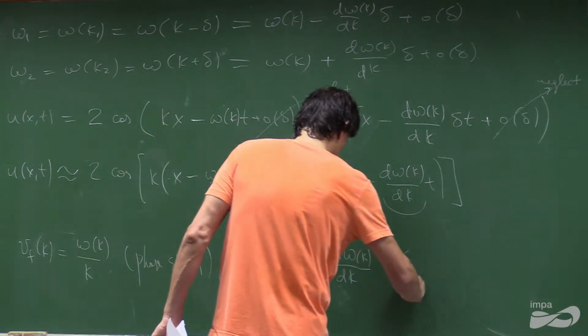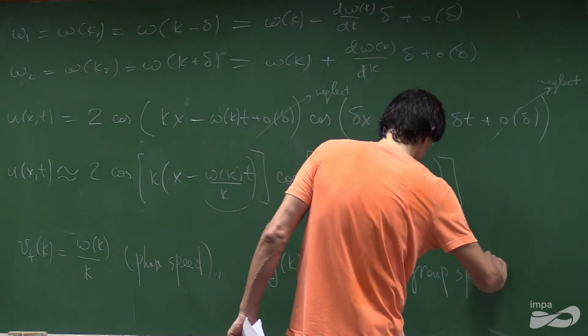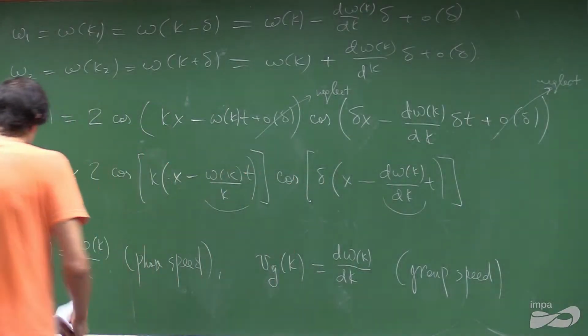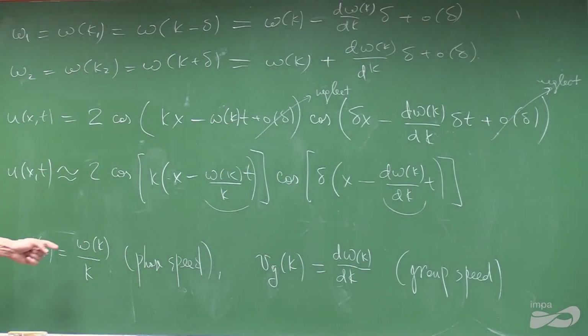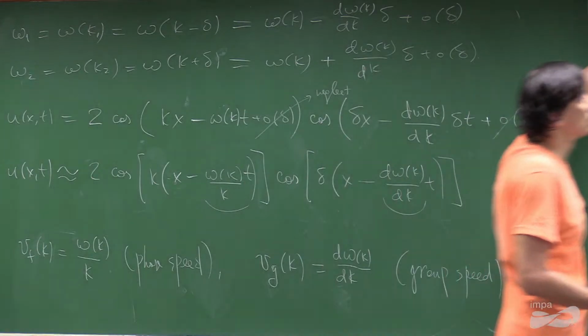So you see, you in principle define two speeds. One is just a ratio, another a derivative. And there is a difference between the two, of course.